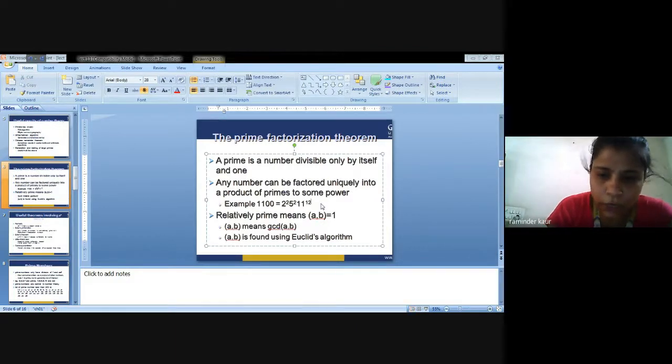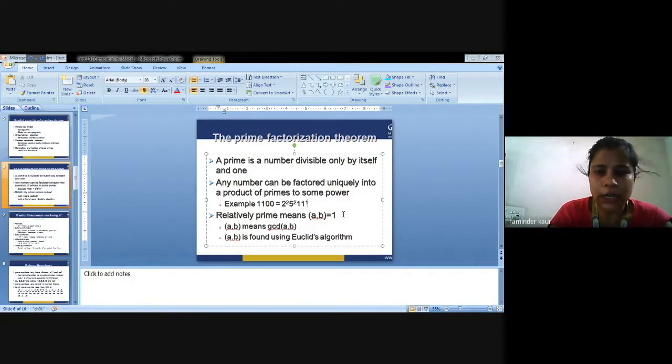I am generating factors here. 11 into 10 into 10. These are the straightforward factors.